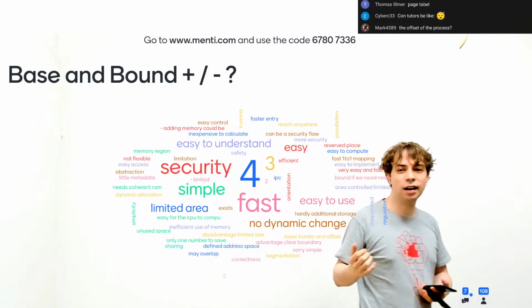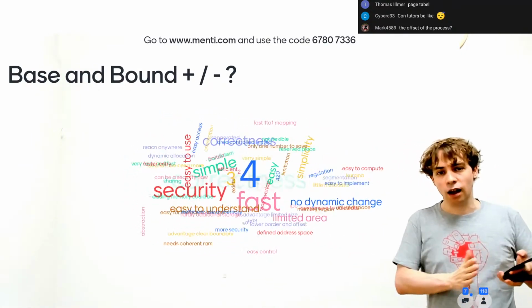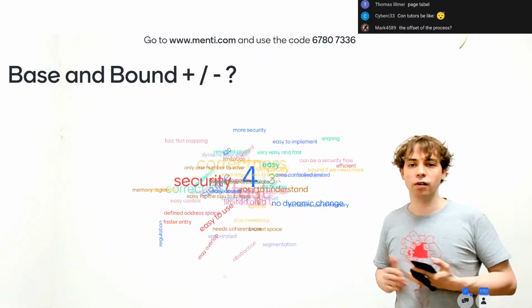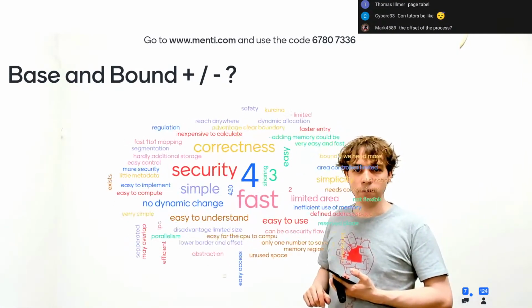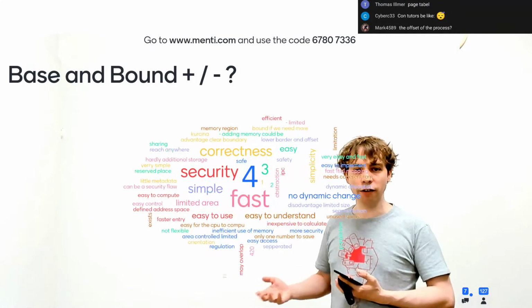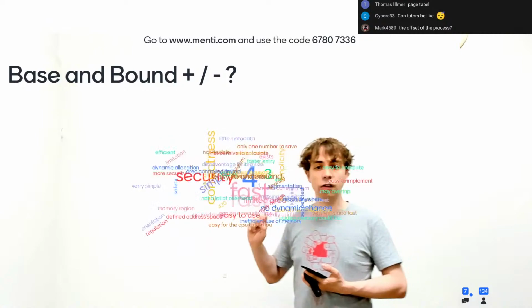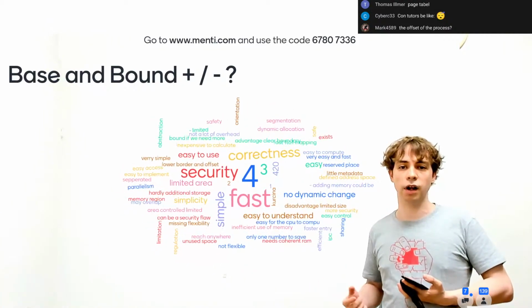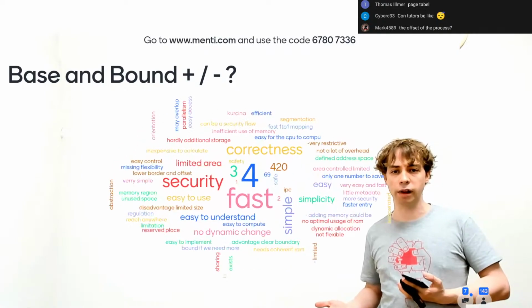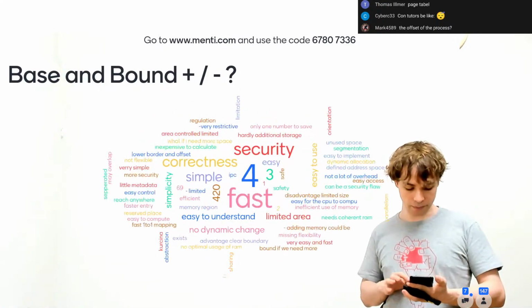Yes, we cannot easily change that dynamically, because what happens if right after this area some other process is already starting? So this is very easy, very fast, very simple. It provides a security feature, but at the same time it has several disadvantages: not being very flexible, not allowing any dynamic allocations.